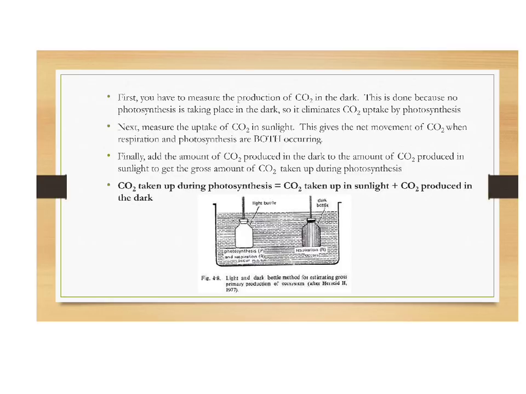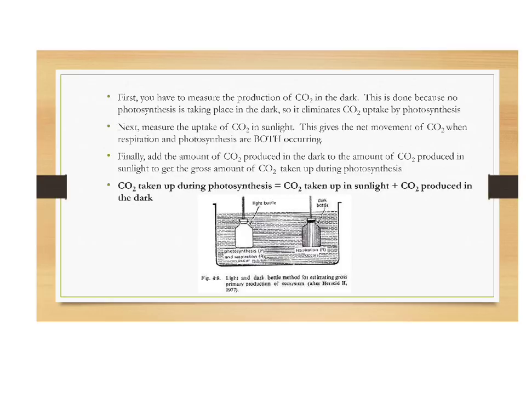First, to understand how this works, we have to measure the production of carbon dioxide in the dark. Carbon dioxide is produced during cellular respiration. If it's in the dark, photosynthesis is not happening, because there's no light to drive it. So this eliminates carbon dioxide uptake during photosynthesis, and this is simply carbon dioxide production during cellular respiration.